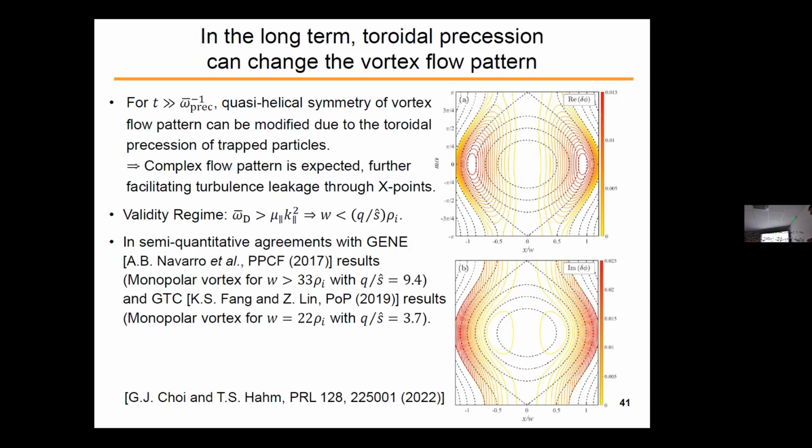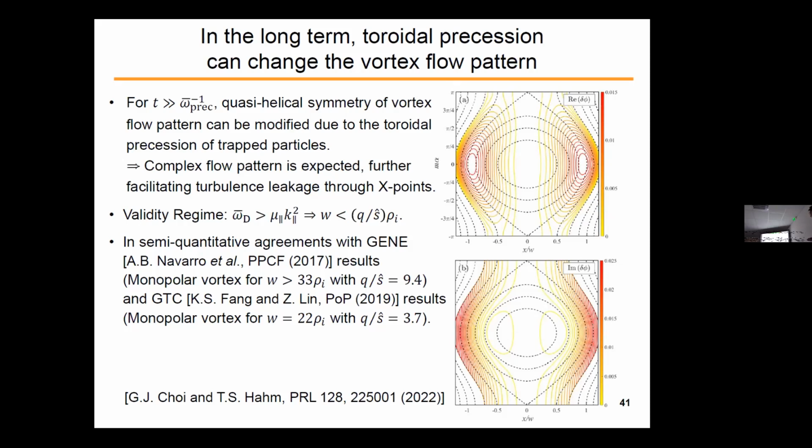Of course, they usually don't agree, but I can reconcile their results, because GENE simulation reports that there is some threshold of magnetic island width, and if the island is bigger than the threshold, a monopolar vortex exists, but if the island is thinner than the threshold, there's no monopolar vortex. But GTC reported a nice-looking monopolar vortex below the threshold.